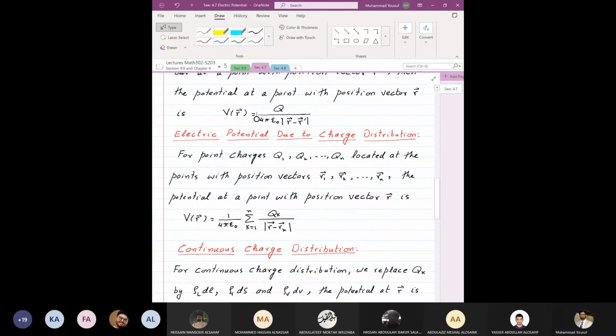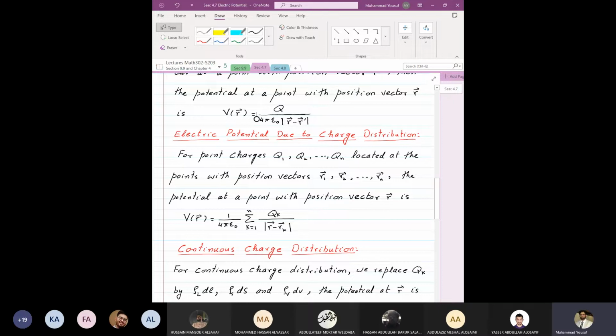Okay. Electric potential due to charge distribution. Suppose there is not one charge, there are many charges: Q1, Q2, Q3, Q4 up to Qn located at the points whose position vectors are R1, R2, R3, up to Rn.